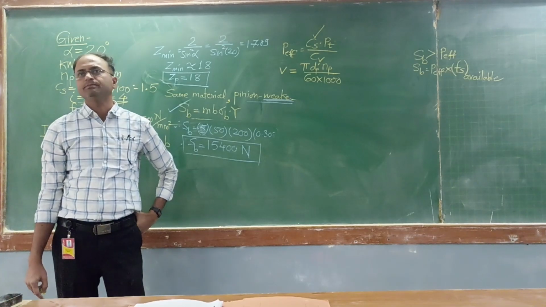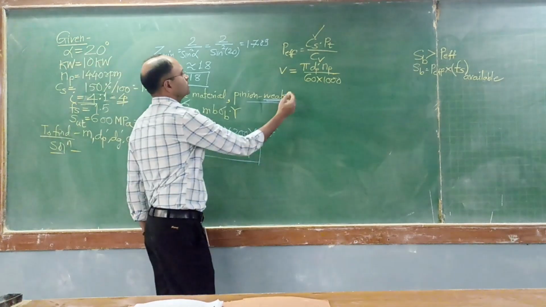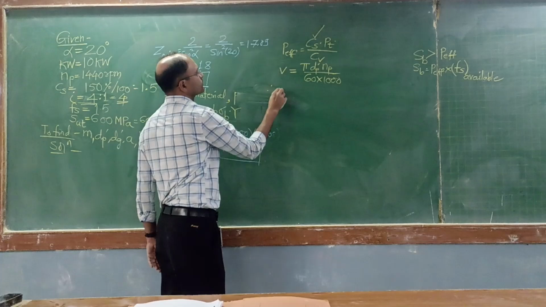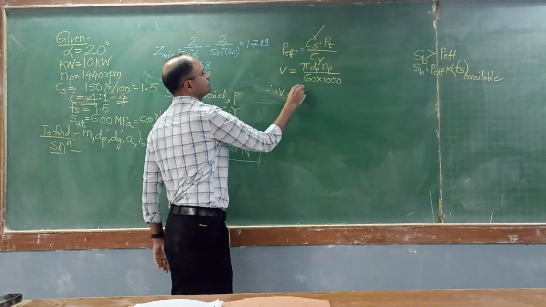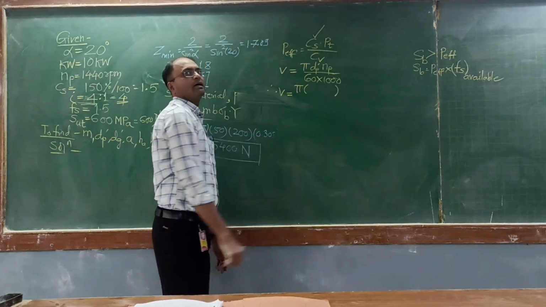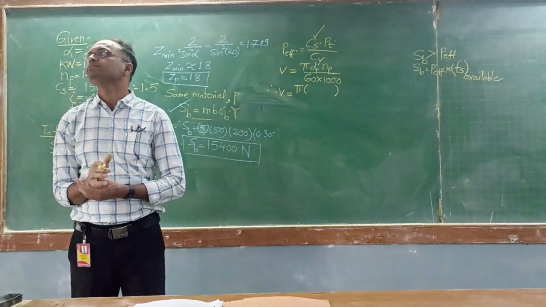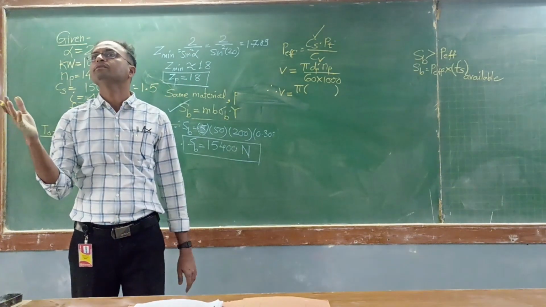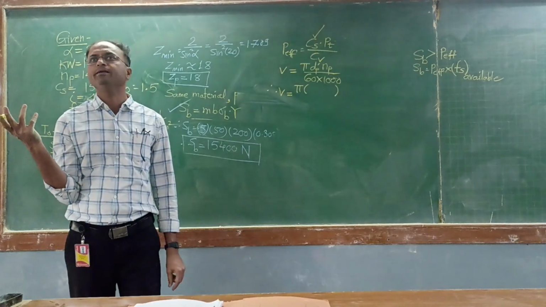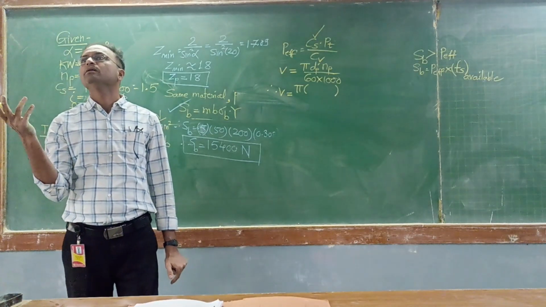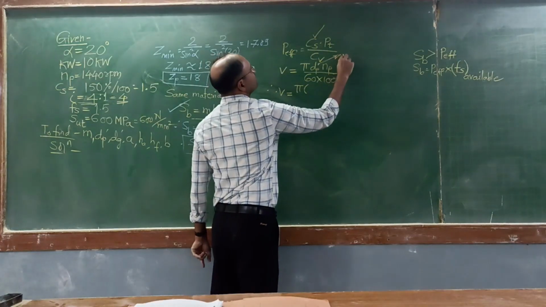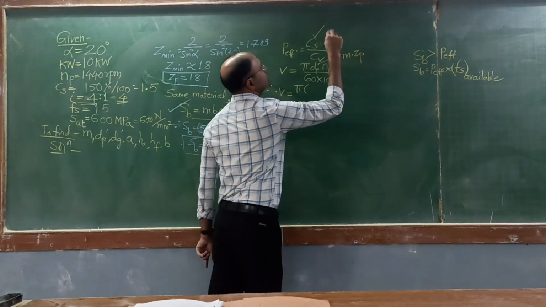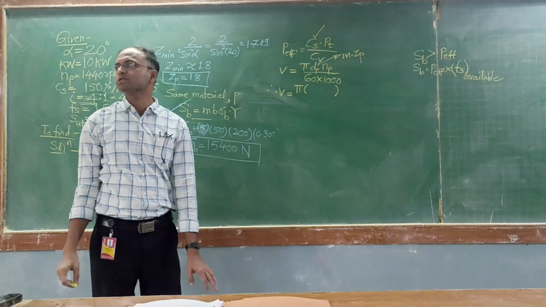Therefore, pinion diameter. How to find? dP you can calculate by using the formula M into ZP. This formula is known to us.